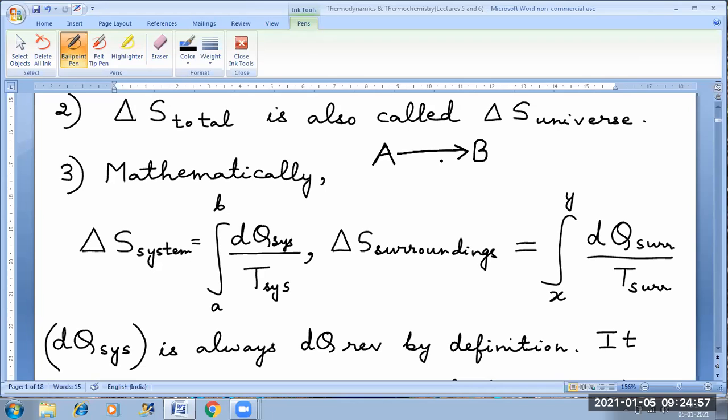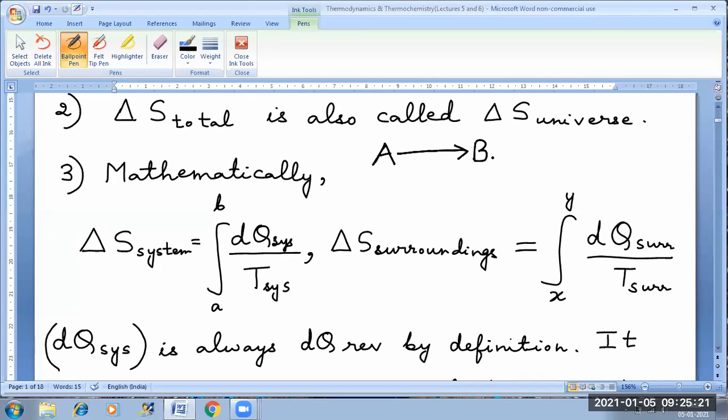So if I say that the state of the system is changing from A to B by a reversible process, that means I'm carrying out a reversible process, and because of that the system has undergone a change in its state. The initial state of the system was A and the final state is B. Now what is then dq?